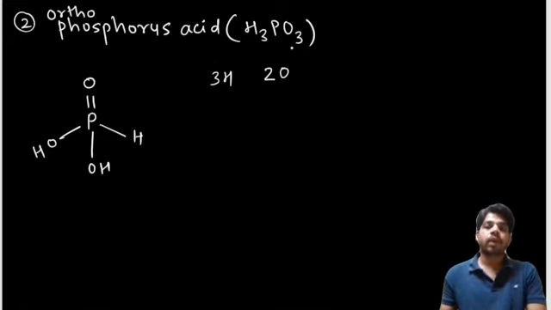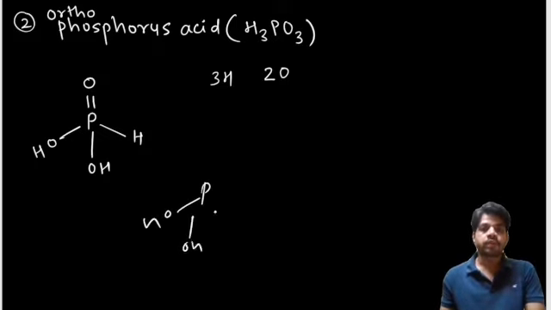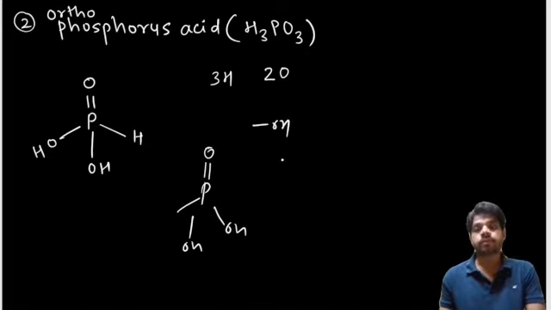I'll tell you one more time. We had three oxygens and three hydrogens. We are not going to draw this as OH, OH, and OH. As I said, it is a must that we draw one phosphorus double bond O. Then the rest of the oxygens will take part in forming OH bonds, right? After making the P double bond O bond, we have only two oxygens but three hydrogens.